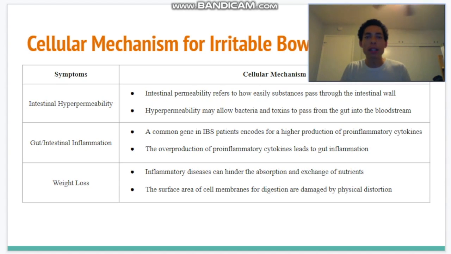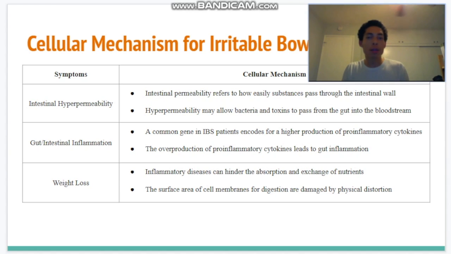Weight loss comes from inflammatory diseases, because gut inflammation can make the act of digesting food painful, in addition to hindering the absorption of nutrients in the intestines. Inflammation can also impact the efficacy of the intestinal mucosal barrier, which is necessary for digestion, because it becomes functionally damaged through physical distortion.